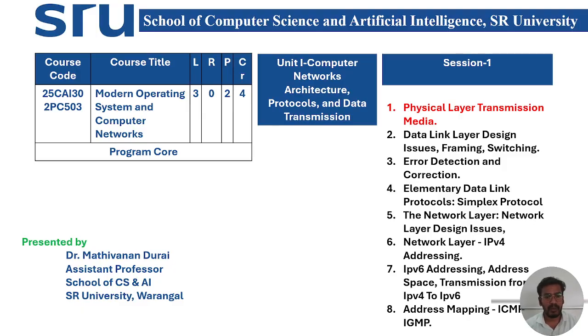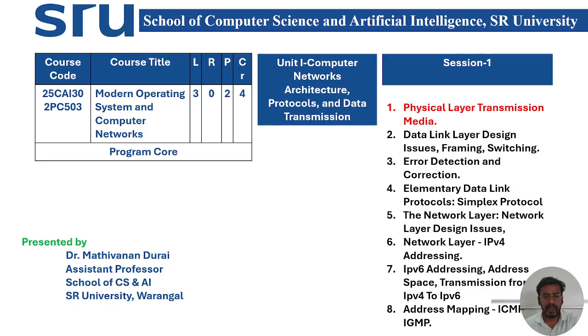What is meant by modern operating system and computer networks? Modern operating systems and computer networks are fundamental subjects in computer science that explain how computers manage their resources and communicate with each other through networks.